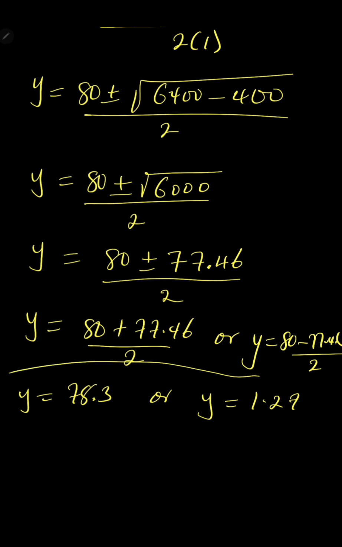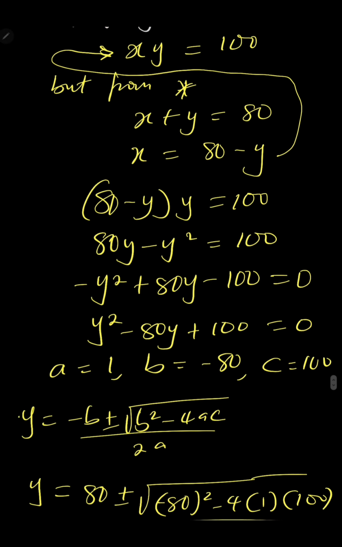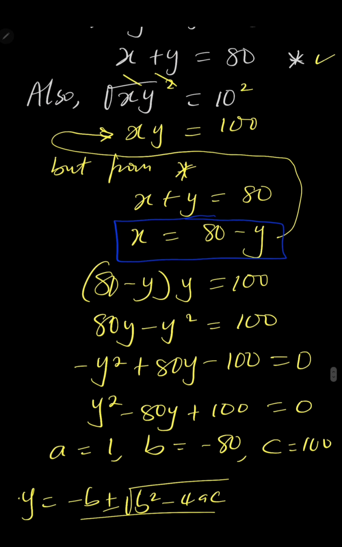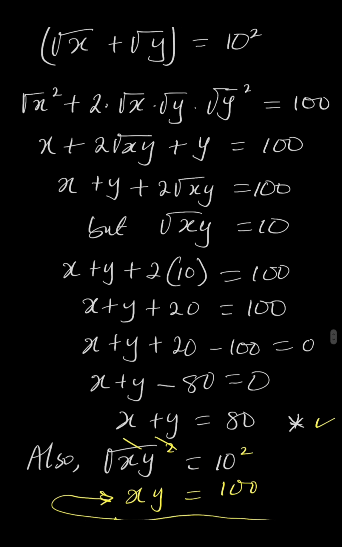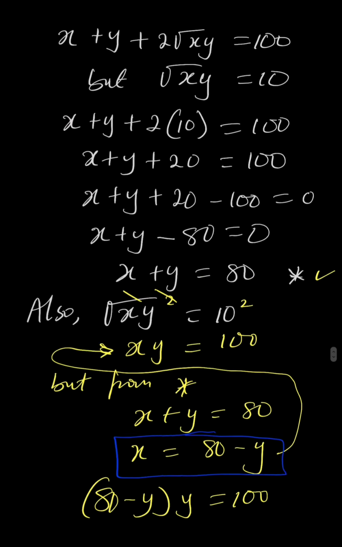So these are the values of y, but we also need the values of x. We go back here, we now have that x is equal to 80 minus y. That's the value of x. Remember, our target is to find the values of x and y. So x is 80 minus y.